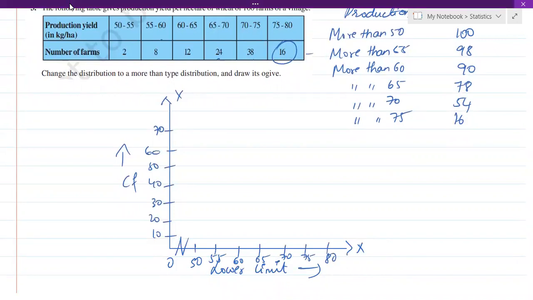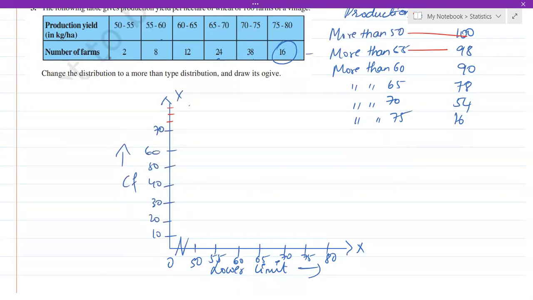Okay, let's plot it using a different color. So when the lower limit is 50, what is the value? It is 100. Okay, so 100 is somewhere here. Start from the top. For 50, you got 100. For 55, it is 98, very close to 100 itself.